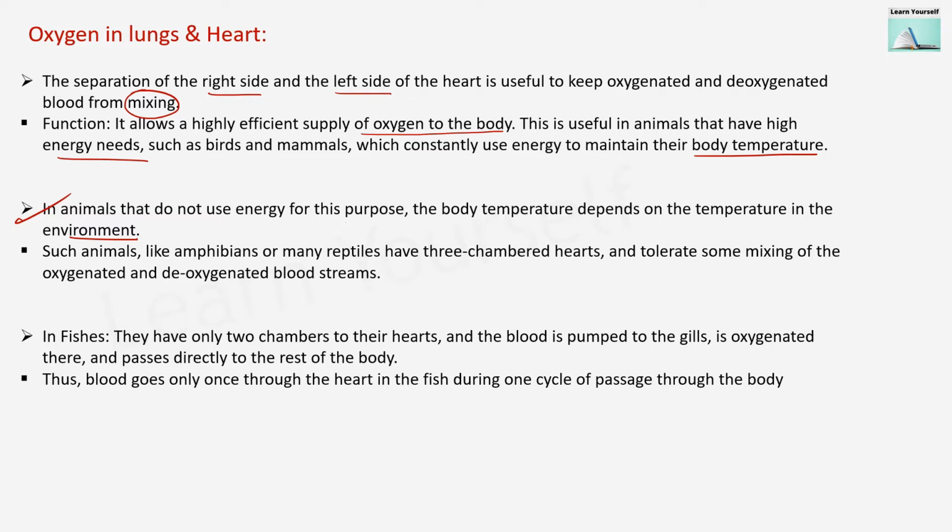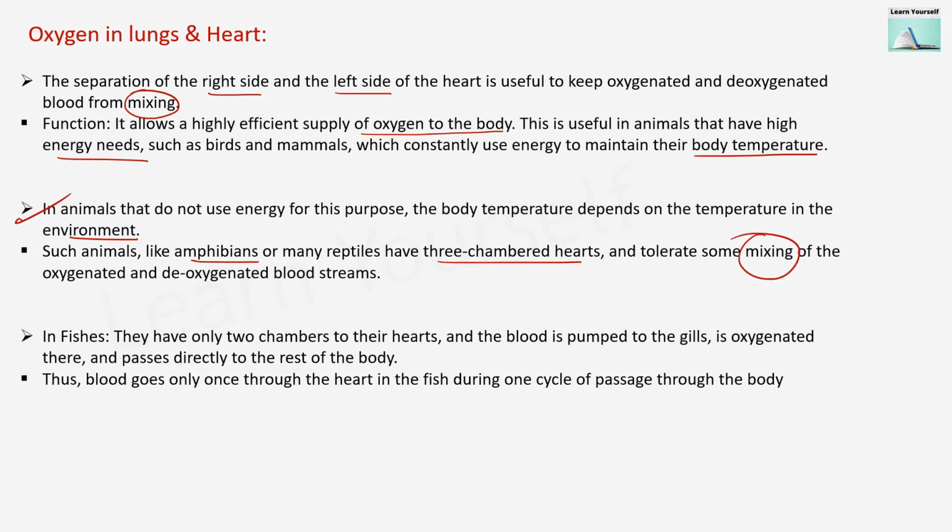So such animals like amphibian and many reptiles have three-chambered heart and tolerate some of the mixing of the oxygenated and deoxygenated bloodstream, because whatever oxygen they are taking, that oxygen is not used for the maintenance of body temperature, whereas our oxygen is being used in maintaining body temperature.